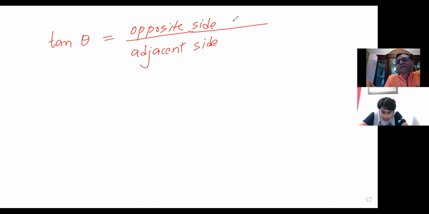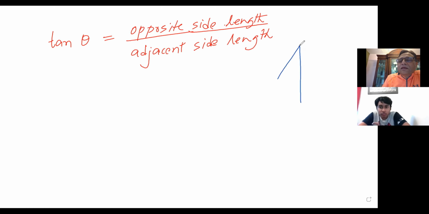When we say opposite and adjacent, we really mean opposite side length and adjacent side length. Is that okay? Yes, sir. In the class normally, I'll just say opposite over adjacent. Is that clear to you? Yes, sir. But we are trying to say the complete thing, which is opposite side length and adjacent side length. Is that clear to you?